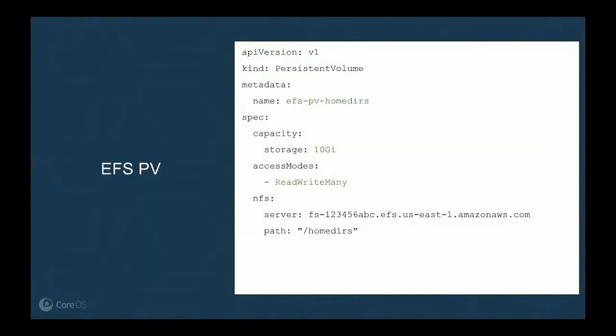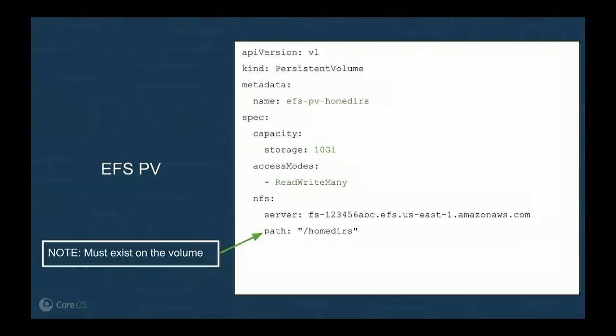So let's take a look at how EFS will be integrated into Kubernetes. First, it is not as simple as it was with EBS because EBS had a provisioner. With EFS, the administrator has to create the volume themselves. But more importantly, they have to set up the directory in that volume that they want to provide to the application.